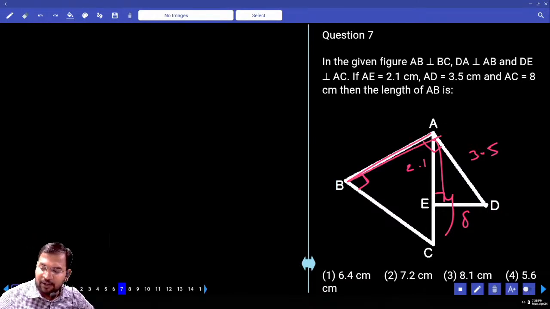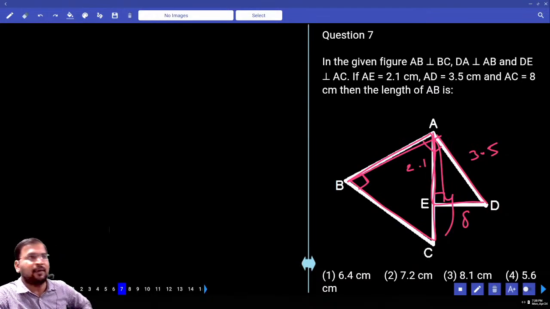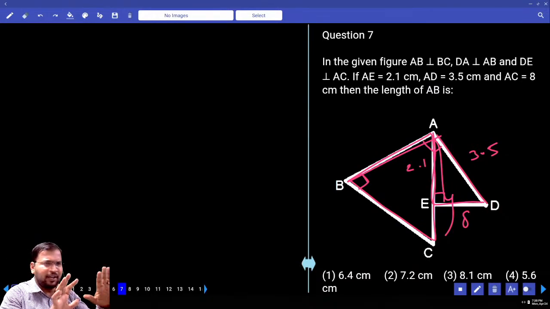If you observe carefully, triangle ABC and triangle AED are similar triangles because corresponding angles are equal. Now no need to take ratio.